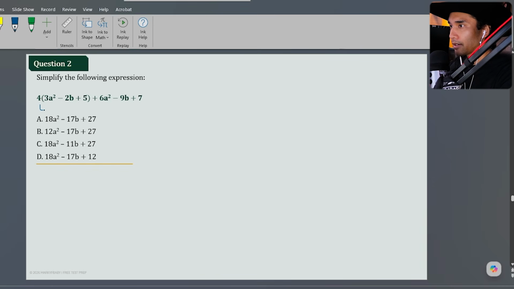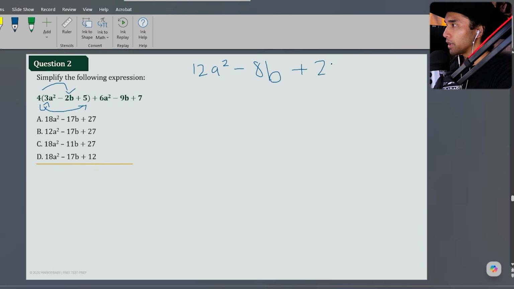So let's just go ahead and multiply this coefficient inside the parentheses so we can get rid of it. So what is 4 times 3a squared? That is 12a squared. What is 4 times negative 2b? That is negative 8b. And then what is 4 times 5? Positive 5, and that's 20.